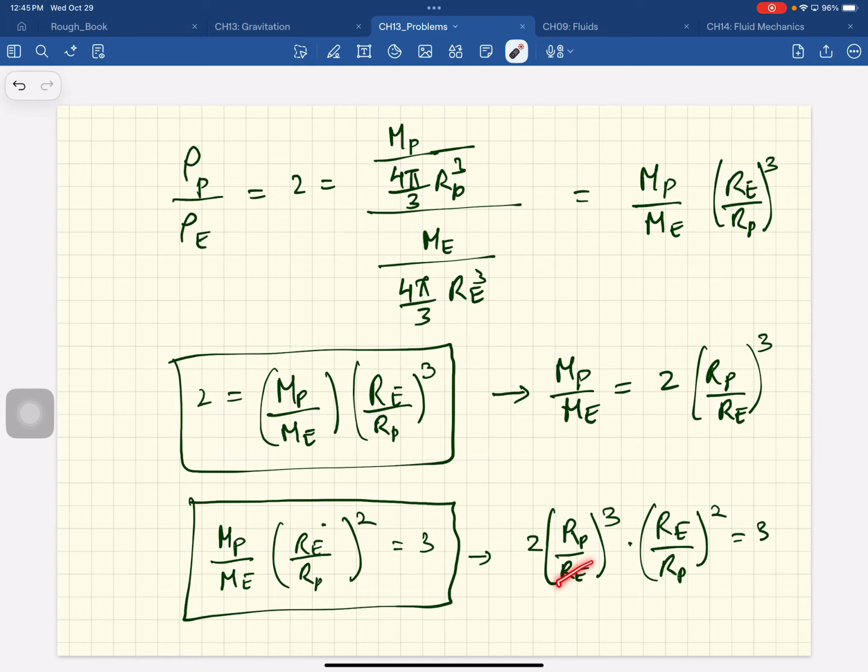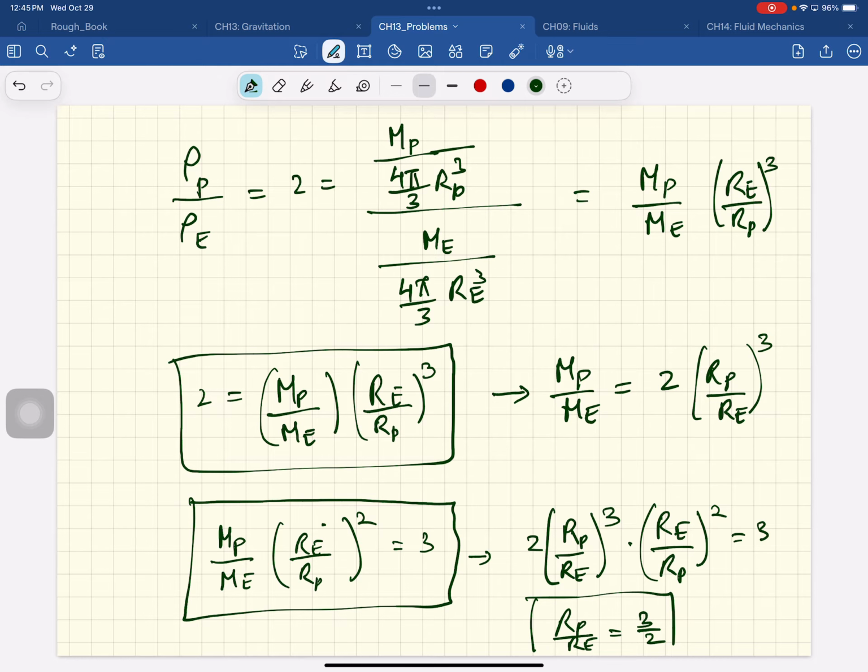Two of those cancel, so what you get is RP over RE is 3/2. And that's what you wanted to find. So the radius of this planet is 1.5 times the radius of the Earth. The radius of the Earth is 4,000 miles, so the radius of this planet is 6,000 miles. In kilometers, the radius of the Earth is 6,400 kilometers, and so the radius of this planet is 9,600 kilometers.